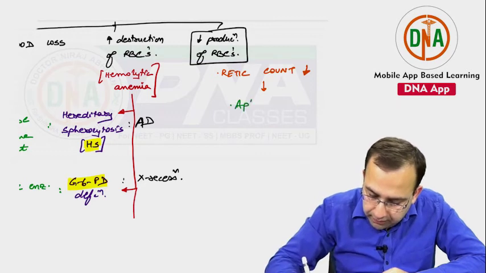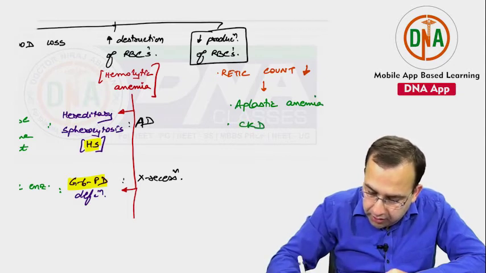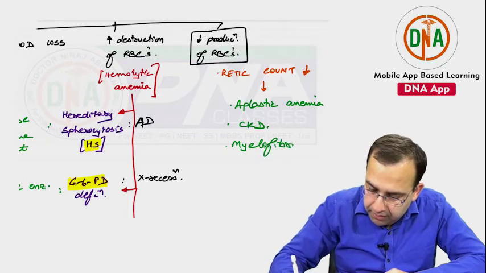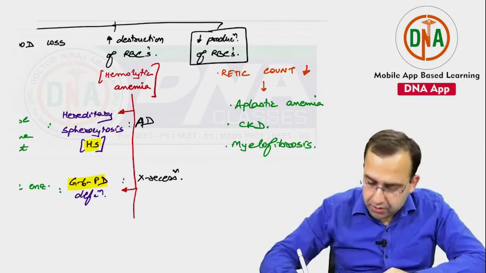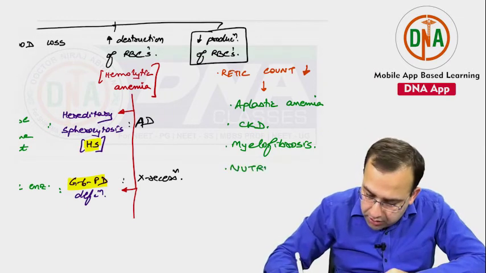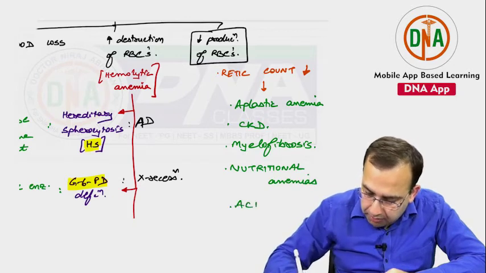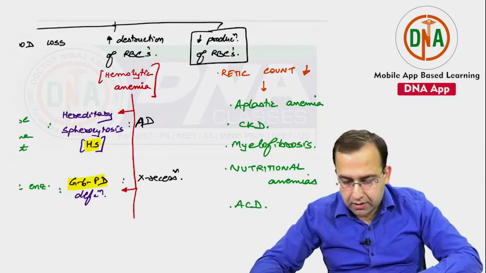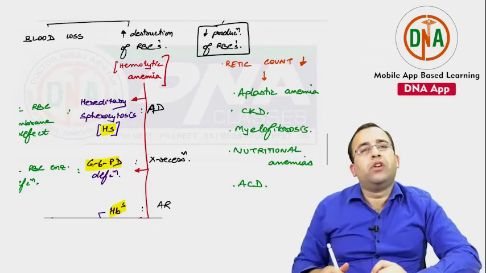Answer, aplastic anemia, chronic kidney disease, myelofibrosis, nutritional anemias, and anemia of chronic disease.